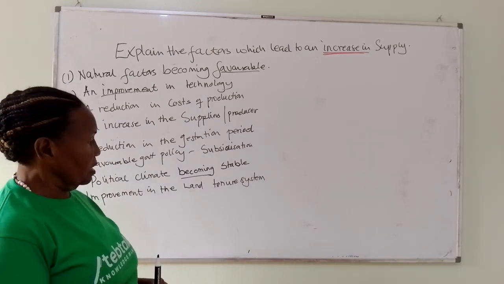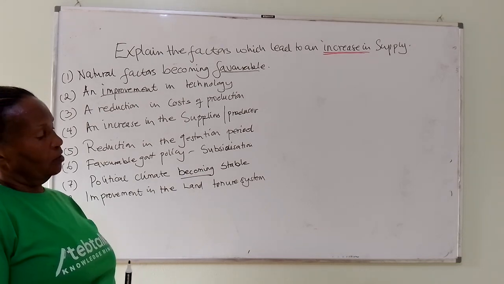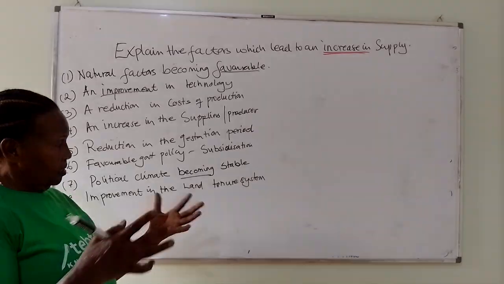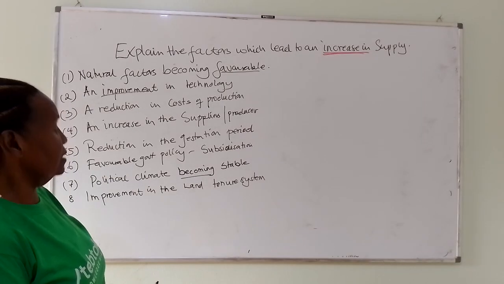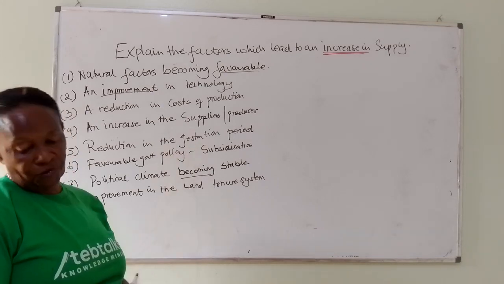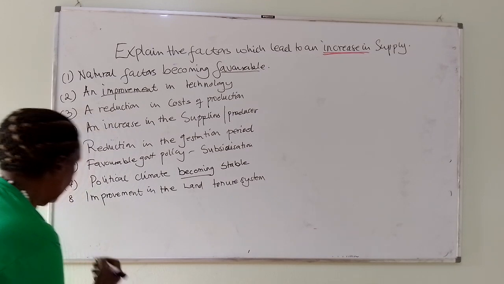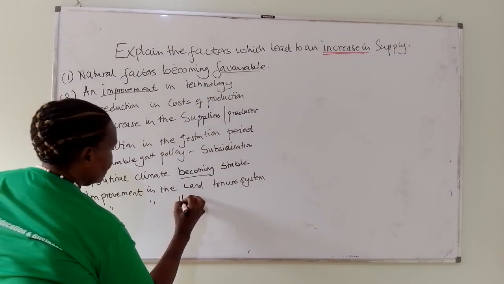But if there is let's say a change in the land tenure system, and what was previously belonging to the Kabaka and being unused now can become public land, and people can apply for it and obtain it, then they will utilize it and increase the supply of a given commodity. Improvement in the working conditions.